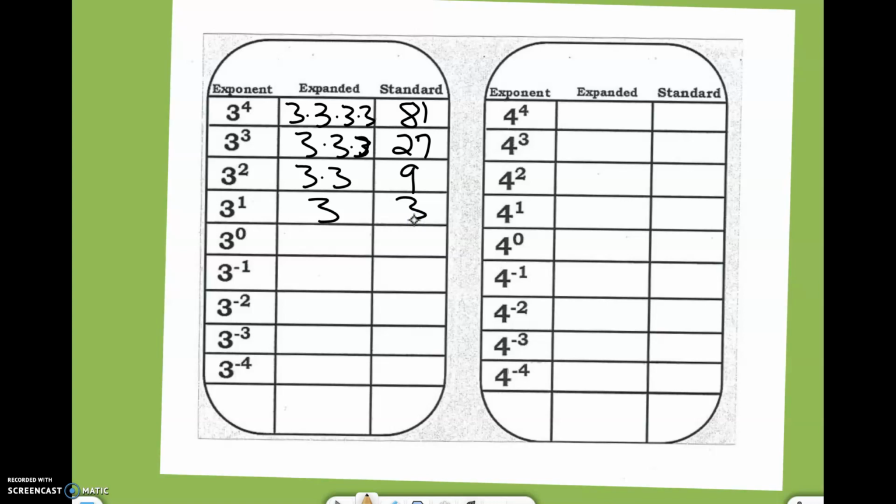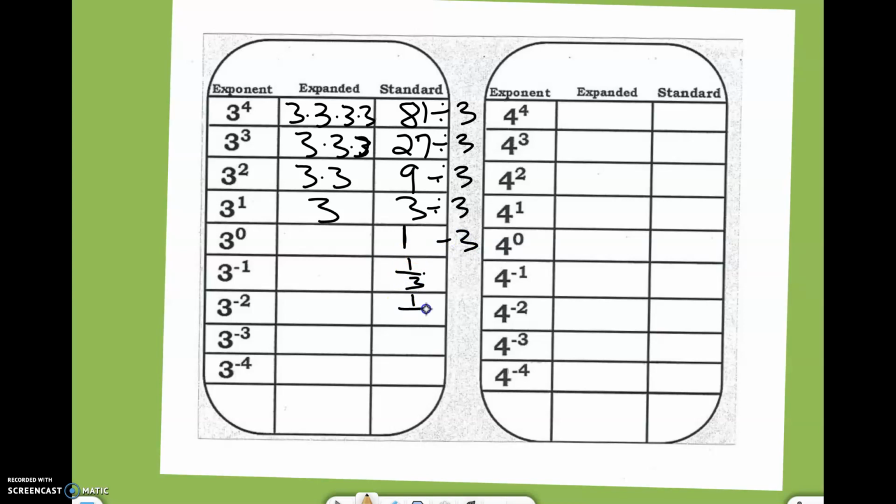And now look at the pattern: now we're dividing by 3, right? The base. So, anything to the 0 power, well, 3 divided by 3 is what, guys? 1. Okay. 1 divided by 3 is 1/3.